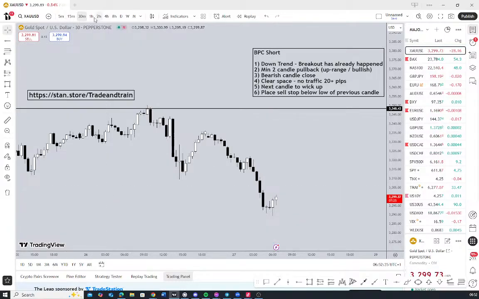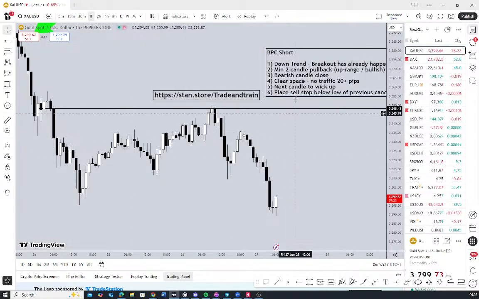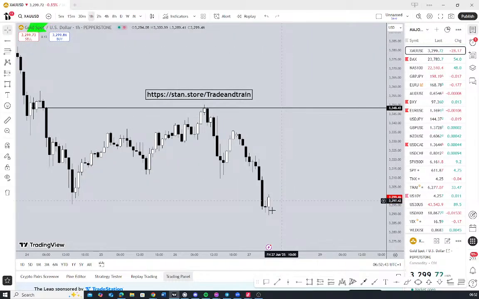Based on this, it's a reversal trade, right? It's a contrarian trade.